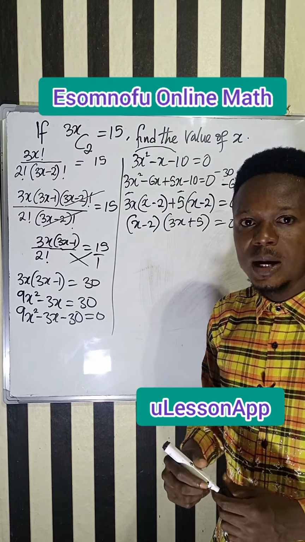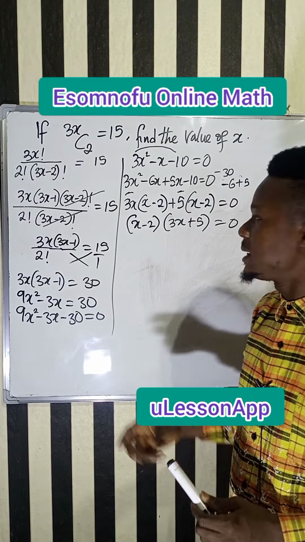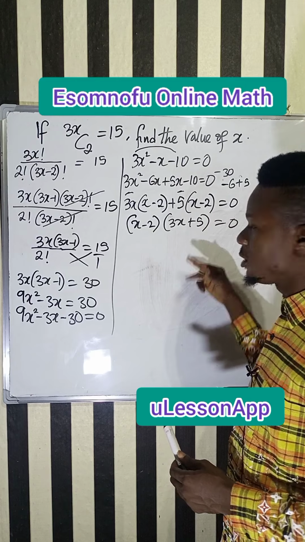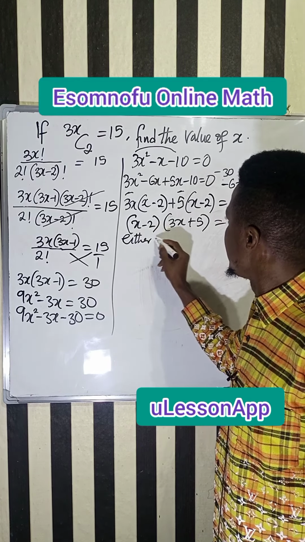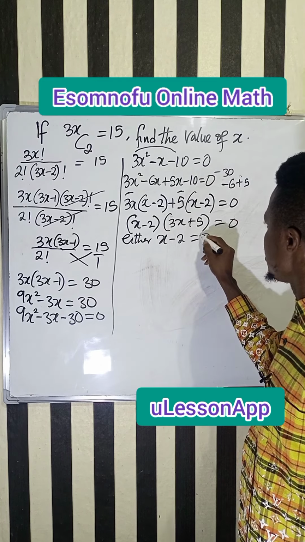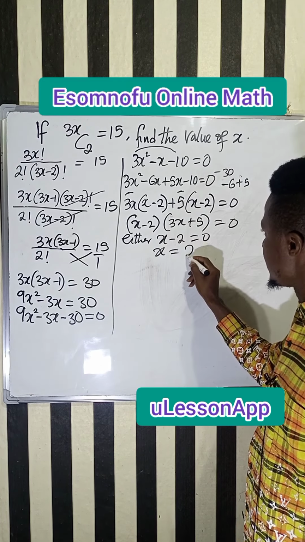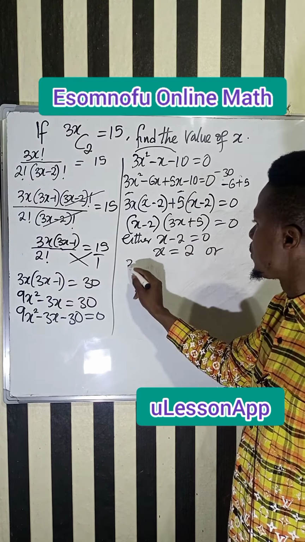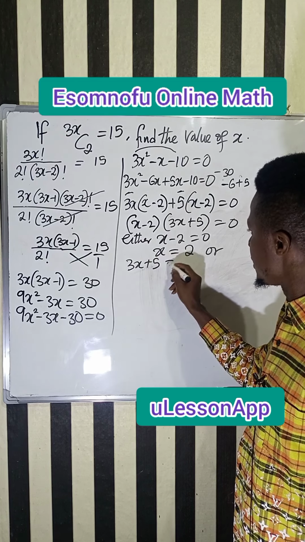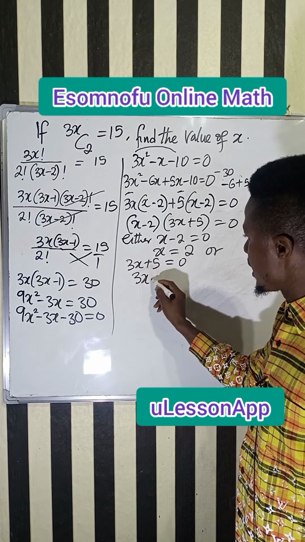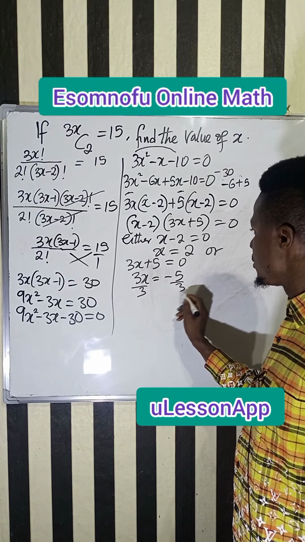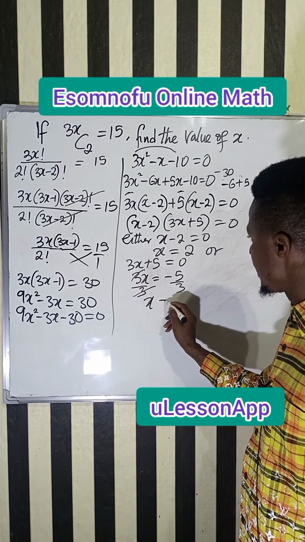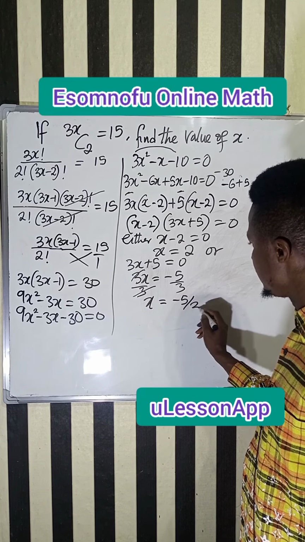When two terms are multiplying each other to give us 0, it implies that either the first term is 0 or the second term is 0 or both of them are 0. So therefore, either x minus 2 is equal to 0, which implies that x is equal to 2, or 3x plus 5 is equal to 0, so 3x is equal to negative 5. Divide everything by 3, and you see that x is minus 5 over 3.